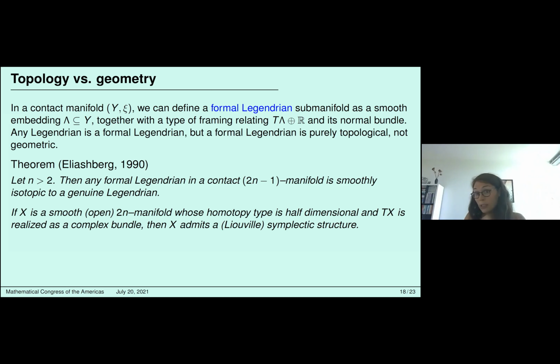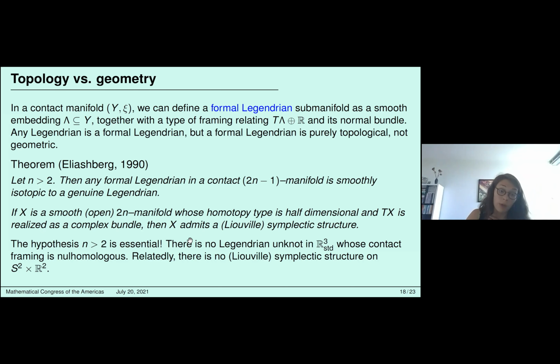Something I want to highlight is that because this is gluing instructions for manifolds, this shows that any smooth manifold which has half-dimensional homotopy type, and of course you need a complex tangent bundle, then you have a symplectic structure on this manifold. In fact, you have a Kähler structure on this manifold.